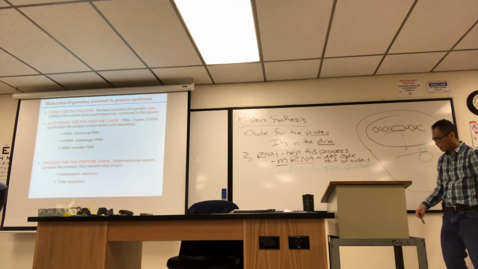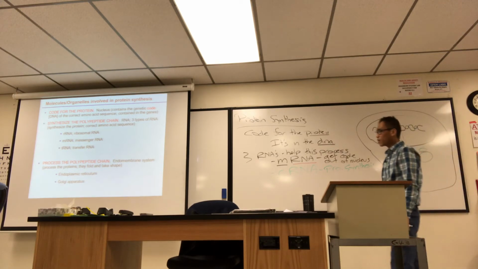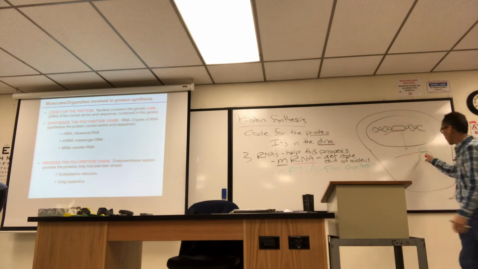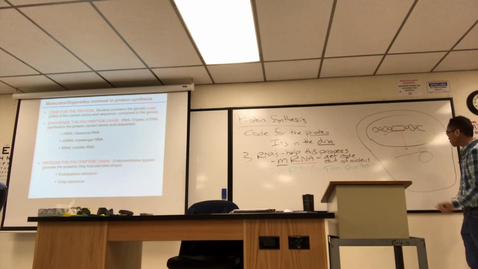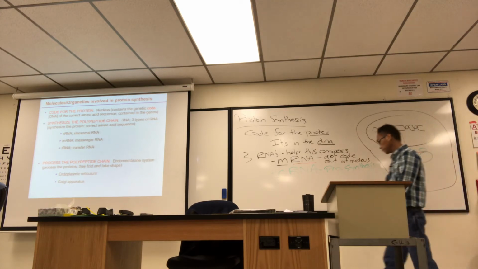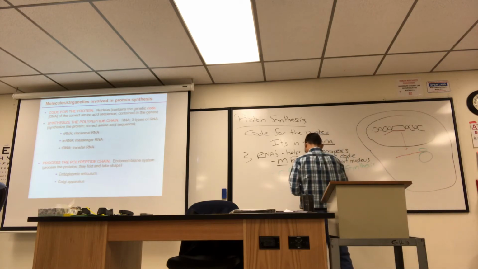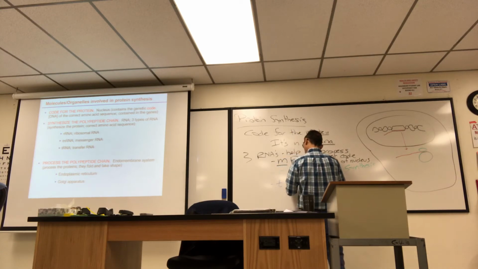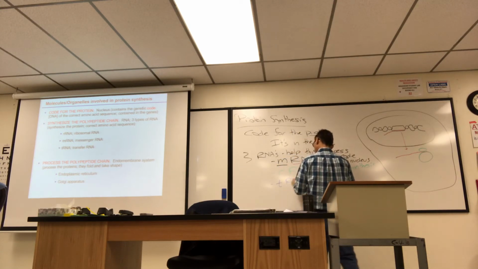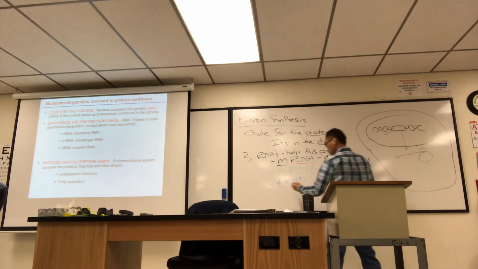Now, transfer RNA can help with that, because transfer RNA can match up with the mRNA, and it'll transfer the correct amino acid for the code. So you get your tRNA. I'll just say the T stands for transfer, right?